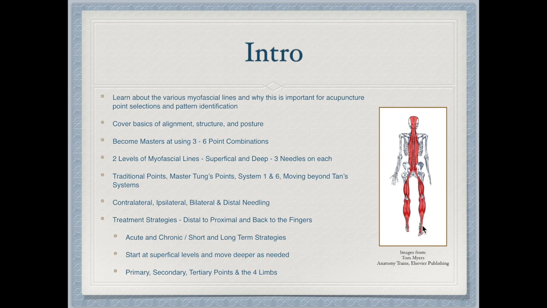Whereas when we do a System 1 needling method, if I'm treating pain on the left side of the neck in the urinary bladder meridian, then I'll use points on the hand Tai Yang meridian on the opposite side.